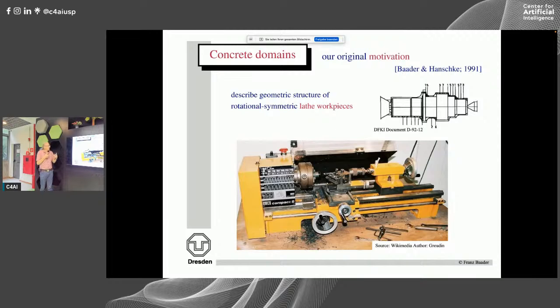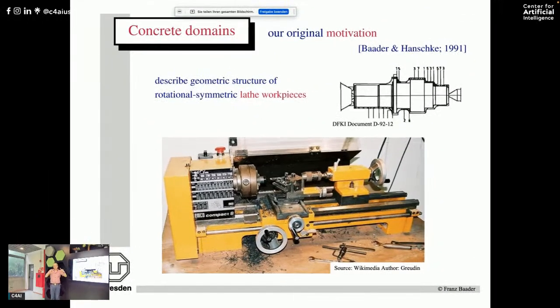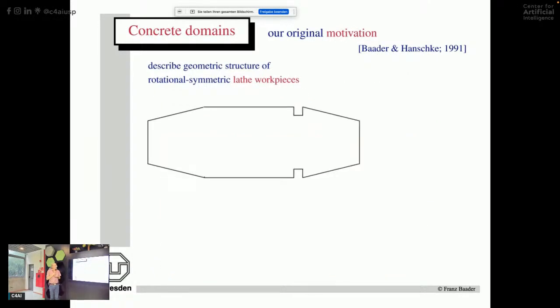And the idea was that from such a drawing of a lathe workpiece, we wanted to automatically generate a CNC program that produced it. And for that, we needed to have a formal representation of this workpiece. And the idea was to do this using description logics. So let's look at a simplified version of such a lathe workpiece.